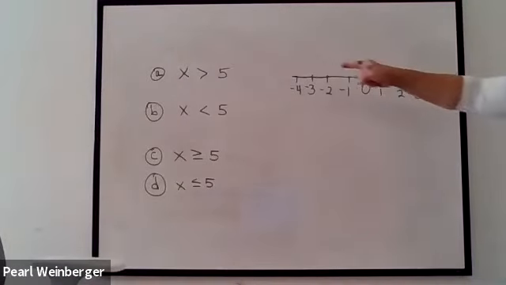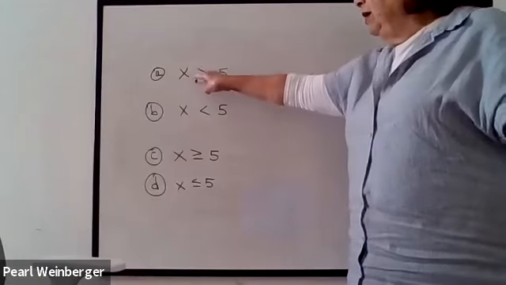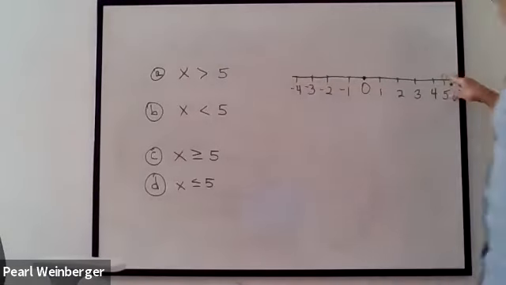Greater always, if you notice, looks like the arrowhead. That arrowhead is pointing to the right. That means that when you do the number line, you put your dot at 5 and you make your arrow going to the right.